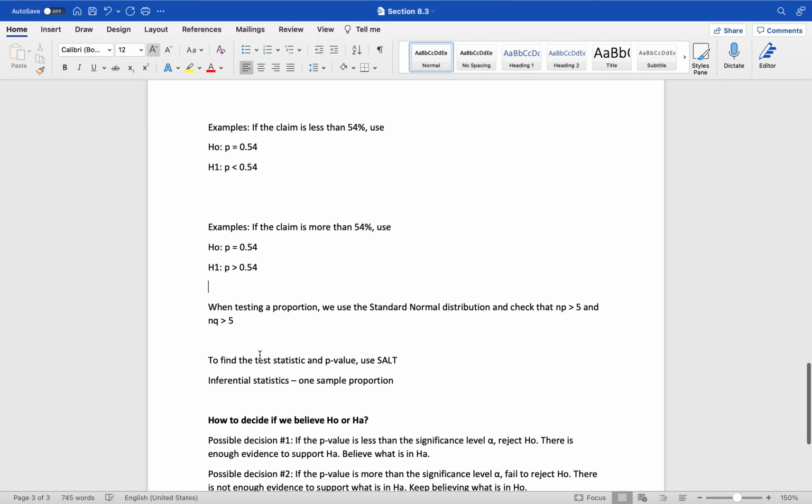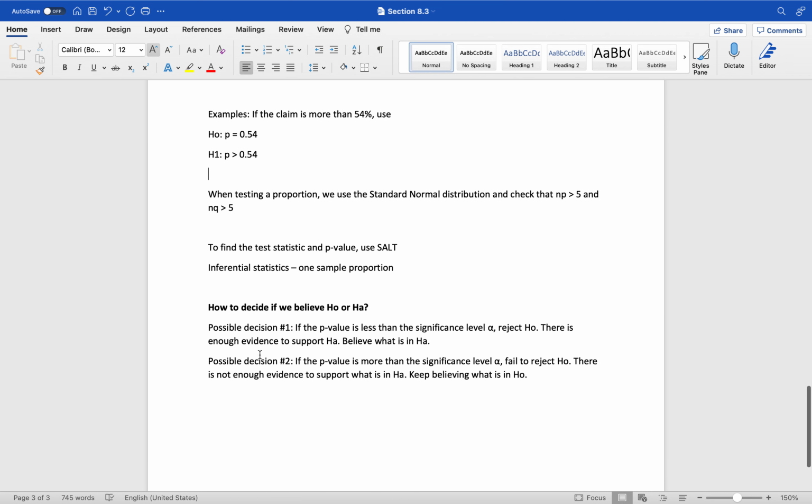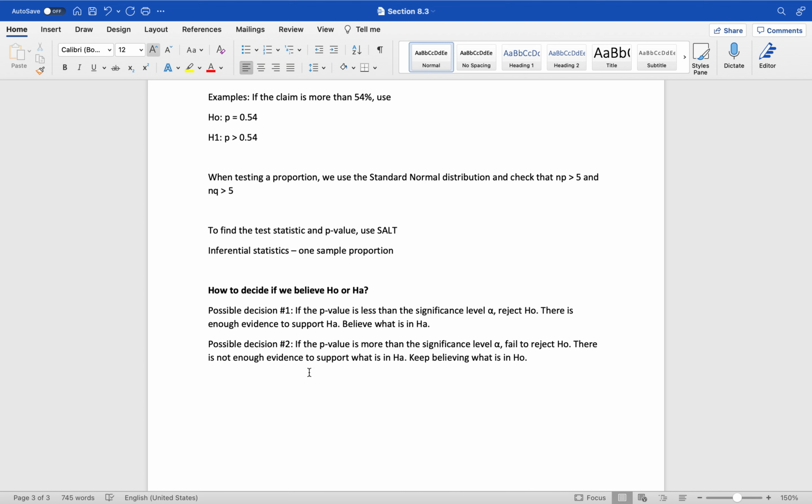When we're testing a proportion, we use the standard normal distribution and check that N times P and N times Q are greater than 5. To find the test statistic and the p-value, we're going to use SALT. Inferential statistics, 1 sample proportion.